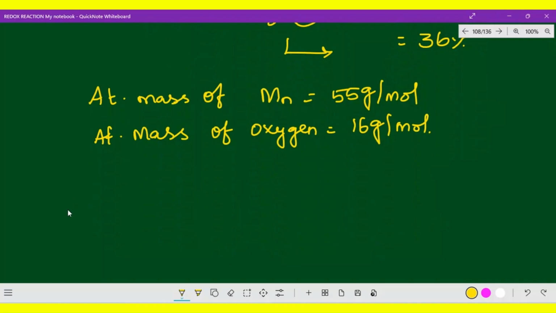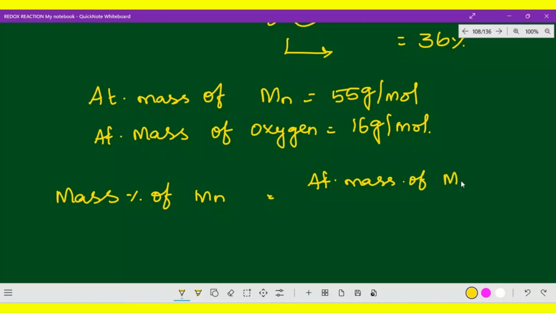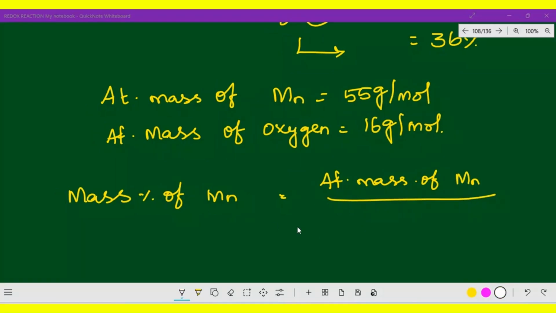The mass percentage of manganese equals the atomic mass of manganese divided by the total mass of MnOx, into 100.